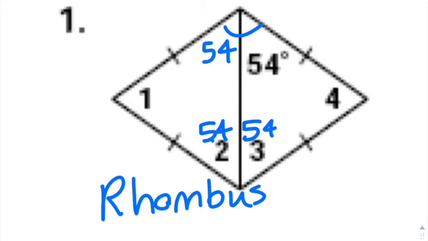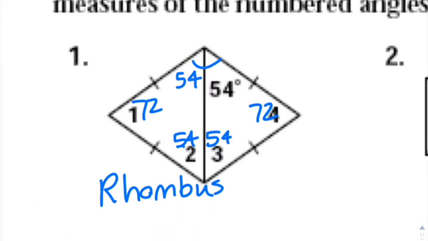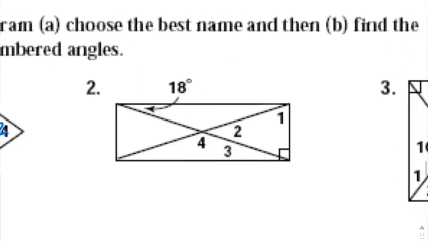And then if you have 54 and 54, that means you can find angle 4 right here, and also angle 1. They'll be congruent. So that'll be 108. So I think angle 4 is going to be 72, and then this other angle right over here, angle 1, should be 72 as well. And there you go. That's about it there on that one.